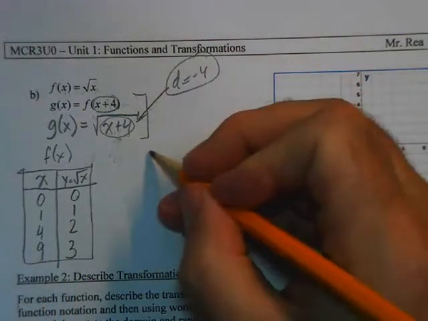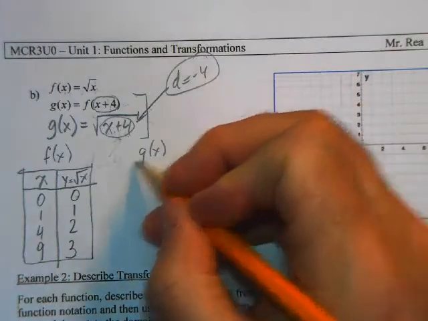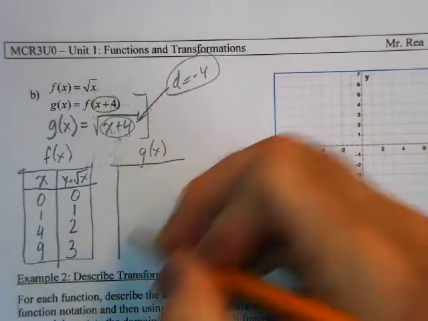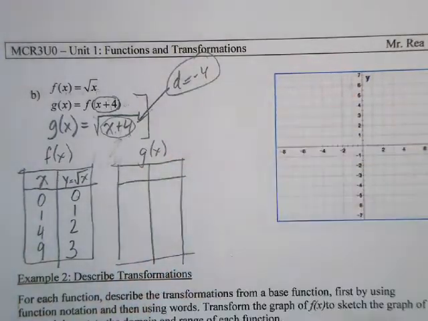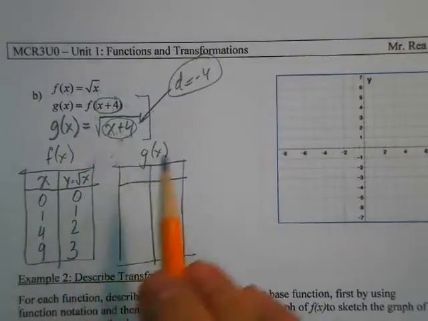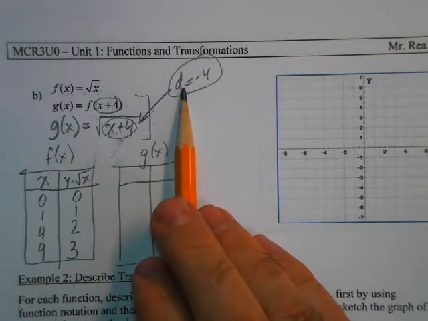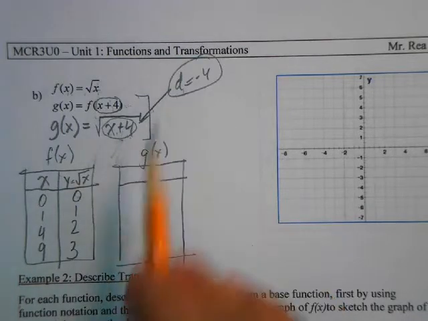Okay, so if I'm looking at the transformed base points for g of x, since I have a D value, that's going to affect the input, because it's moving it left and right. That's the x value it's affecting.